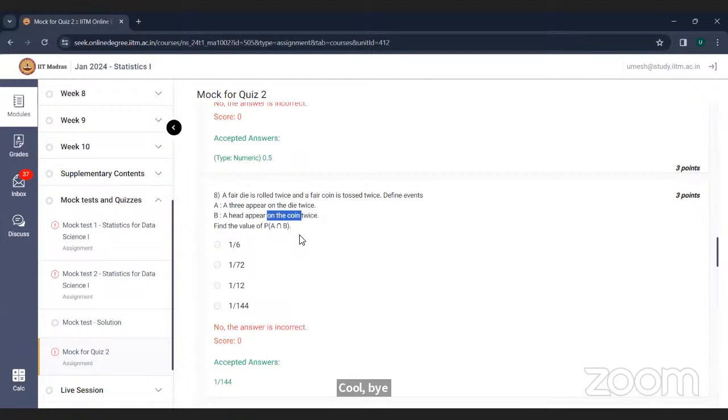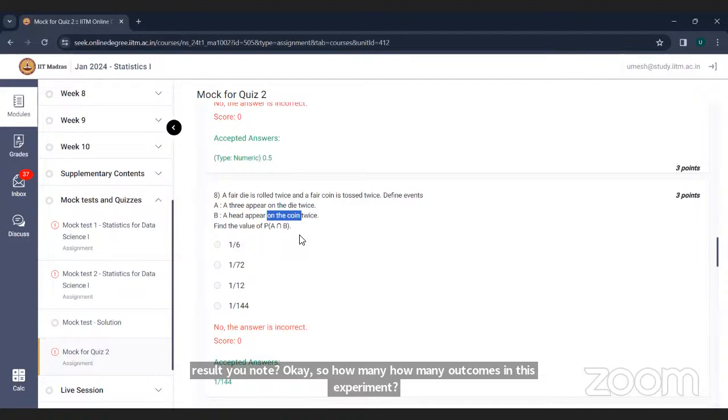See, a fair die is rolled twice means you first roll a die, you get one outcome, you note that outcome, and then you again toss the die and note the result. So how many outcomes are in this experiment? 36.